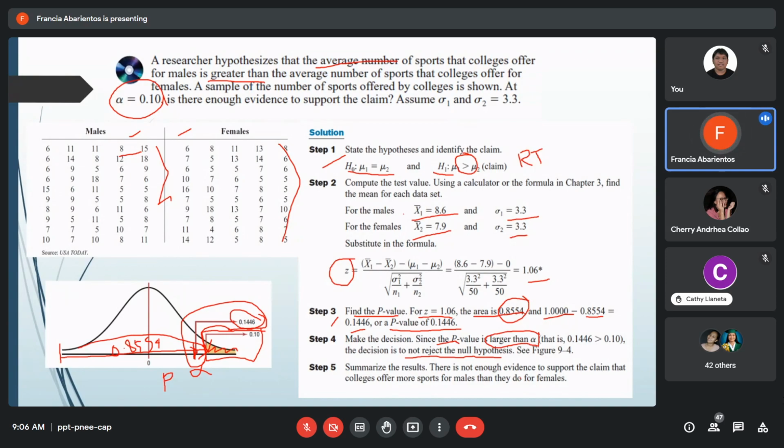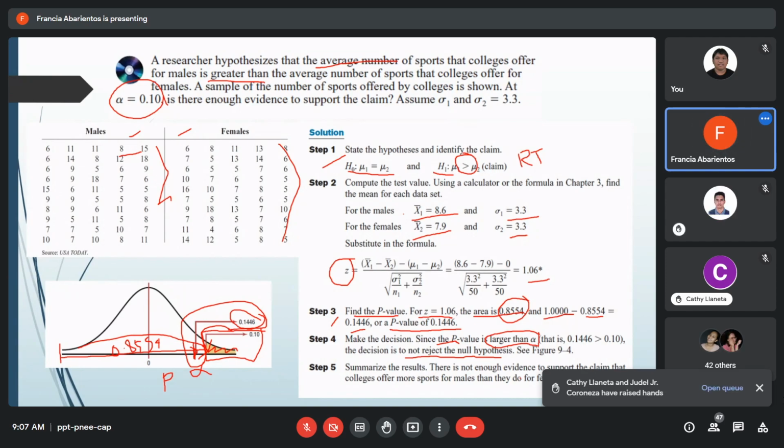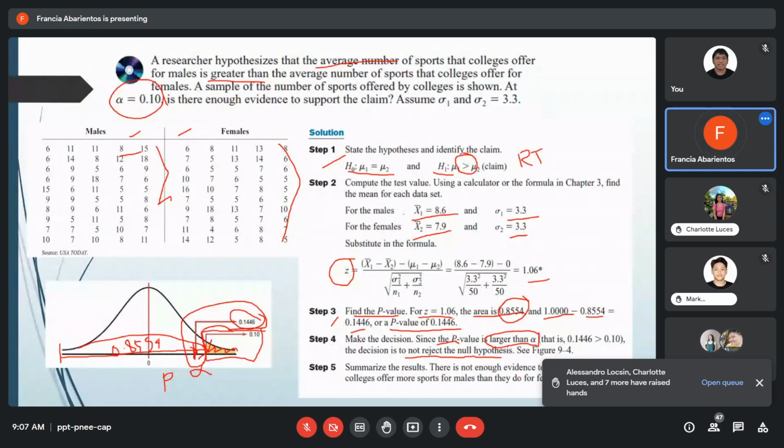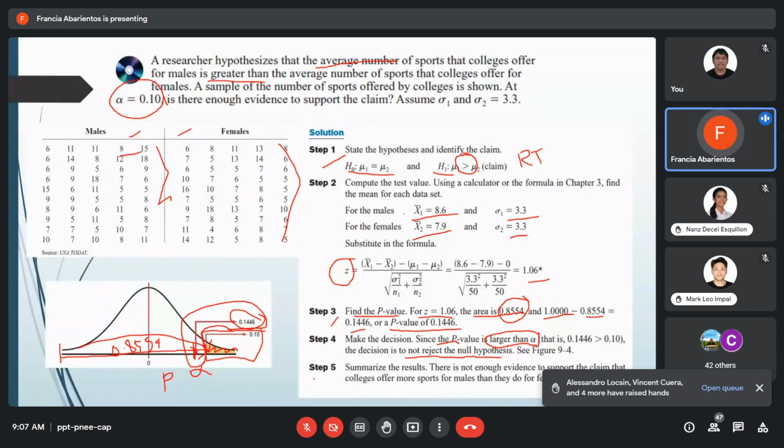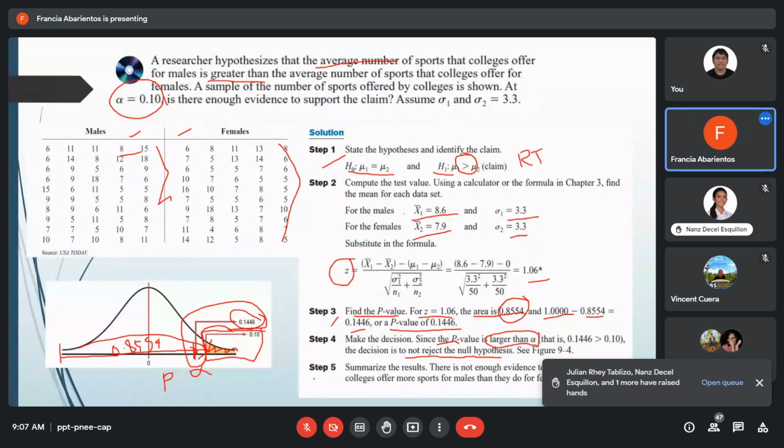Okay? Naintindihan ba? Raise your hands. Wala. Okay. Tatlo lang. Ayan. So, actually, class, madali lang to kasi you can check your answers by using the different softwares.